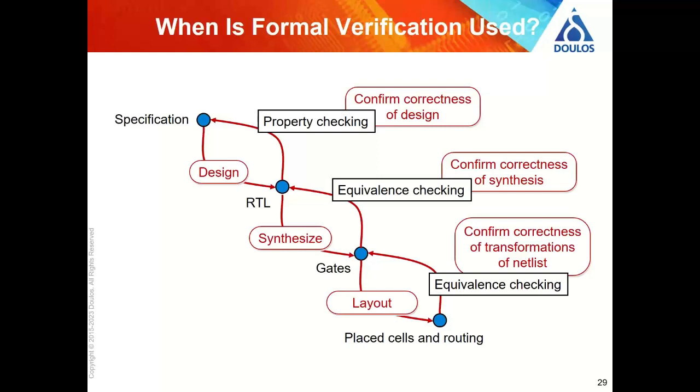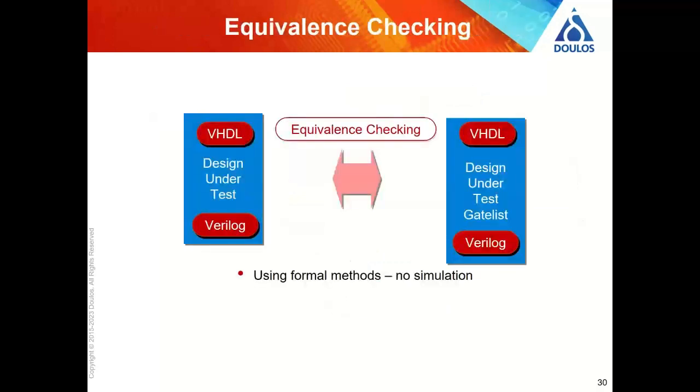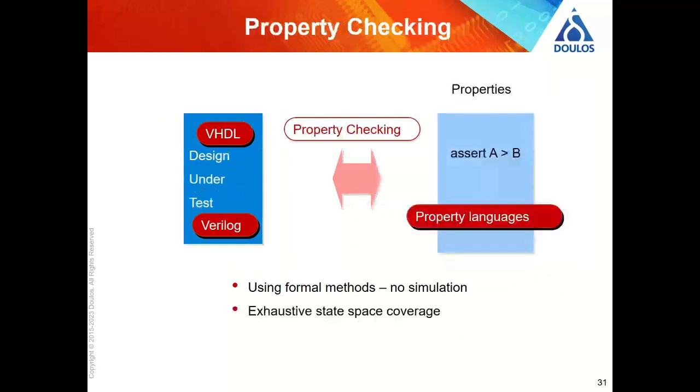So with a specification, we'll probably write properties, and then the formal verification would do property checking to check those. Between RTL and gate level, or gate level and layout, we would do equivalence checking. Okay, so those will be different tools. Equivalence checking, so just checking that the two are the same. With property checking, then we write properties. So assertions in a suitable assertion language.